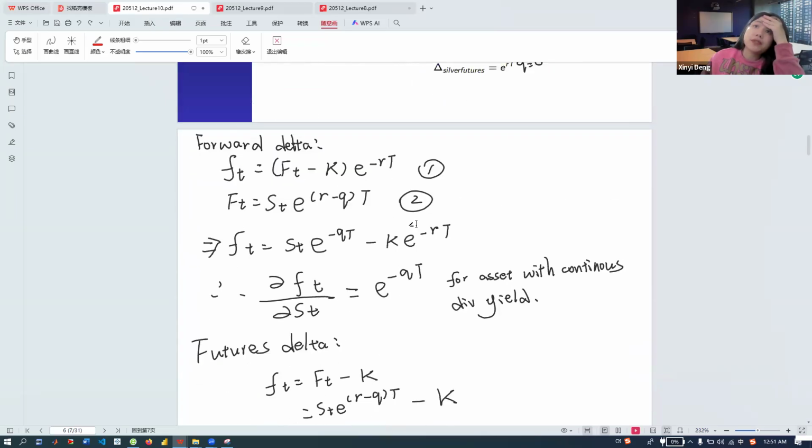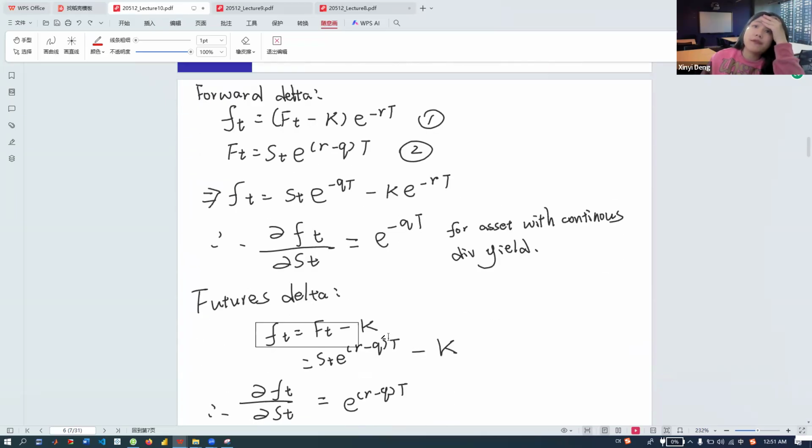Then we can again substitute. Here the small f is equal to the capitalized FT minus K, right?